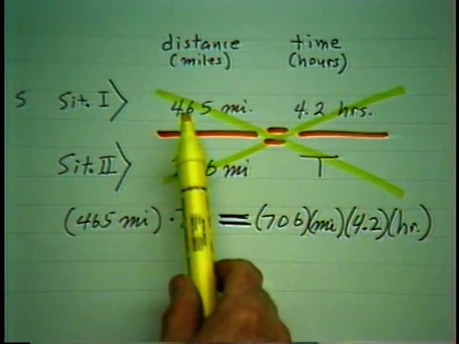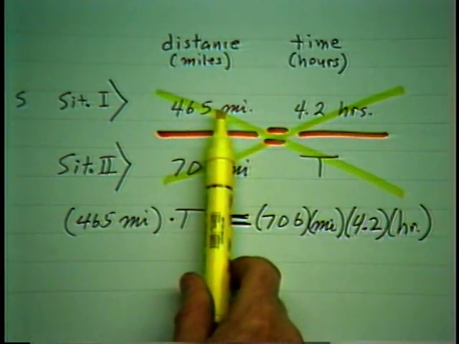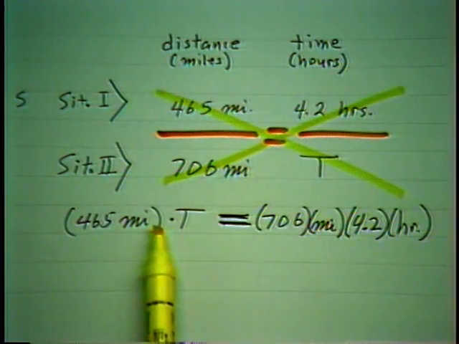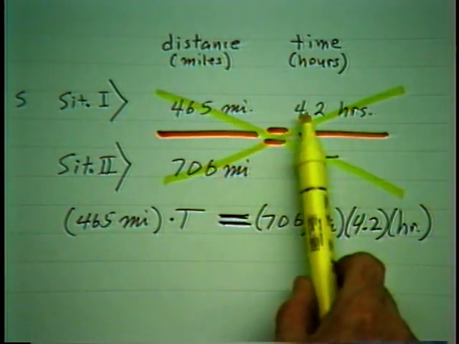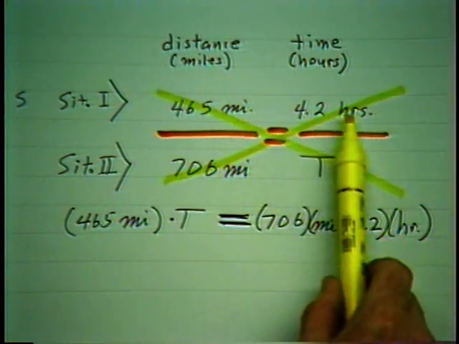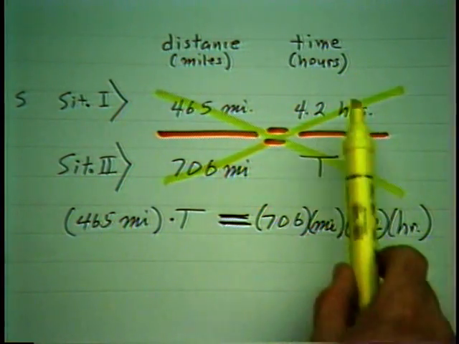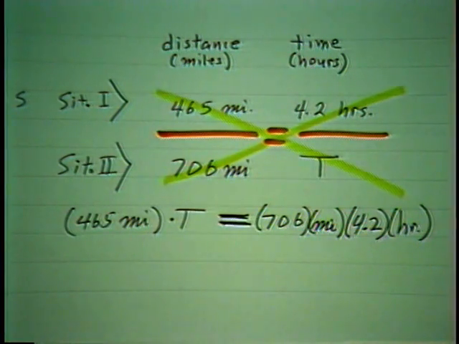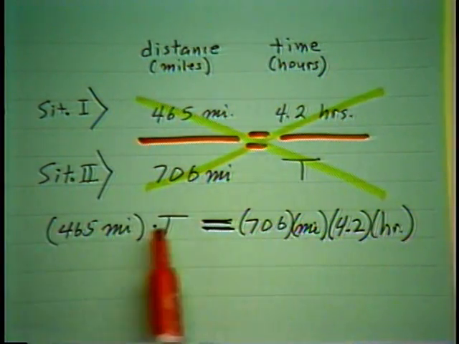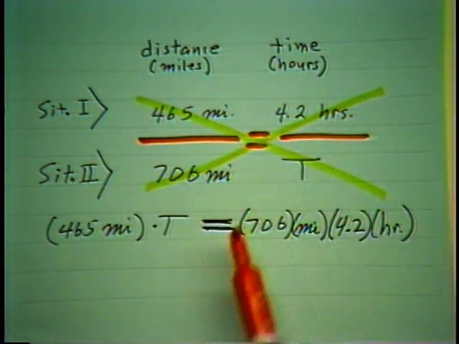Remember, we stated this is not the number 465, it is a number 465 miles, a measurement number. This is not the number 4.2, it's the measurement number 4.2 hours. So keep the measurement units with the problem. You'll find it will give us a way to check. Quickly, top times bottom, set equal to bottom times top.